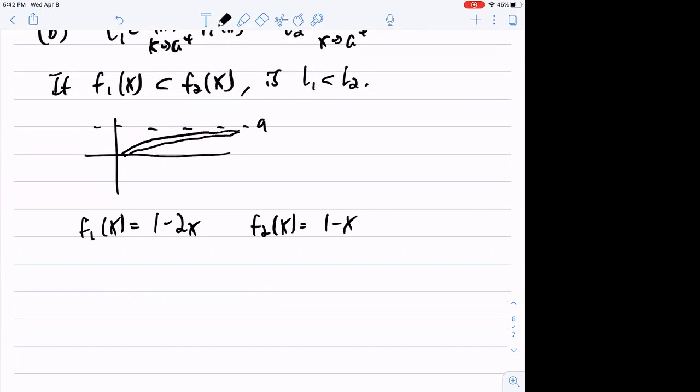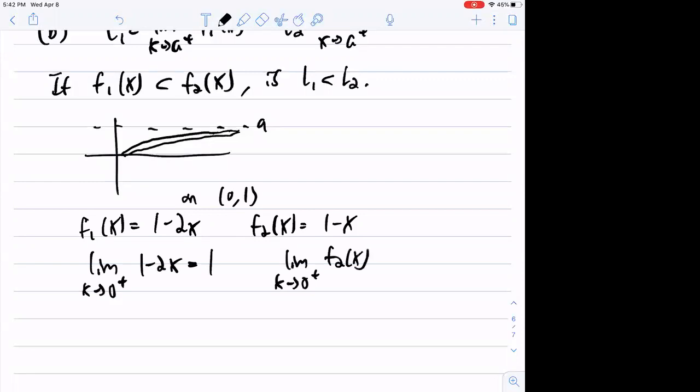I might have swapped it actually, but I think we are good. So let me think. Yeah, we are good. So my a is 0 and my b is 1, right? So clearly the limit as x goes to 0 from the right of 1 minus x exists. So it's 1.